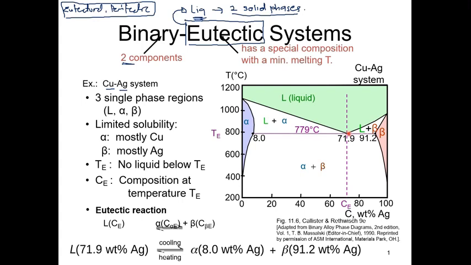Okay, if let's say dia cakap find the compositions ataupun find the fraction at eutectic point, so you must buat tie line between alpha and beta, okay, melalui eutectic point.